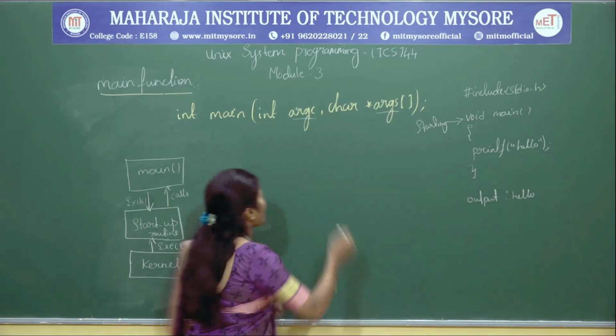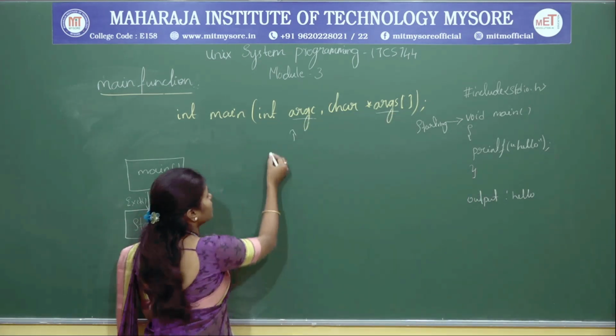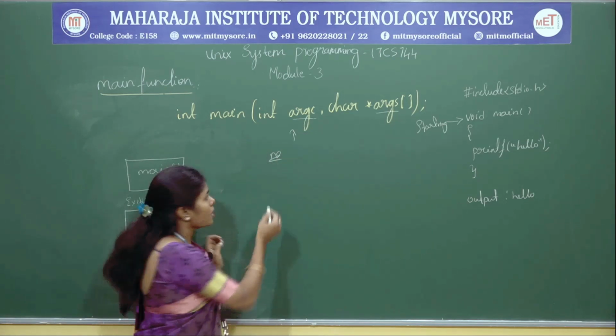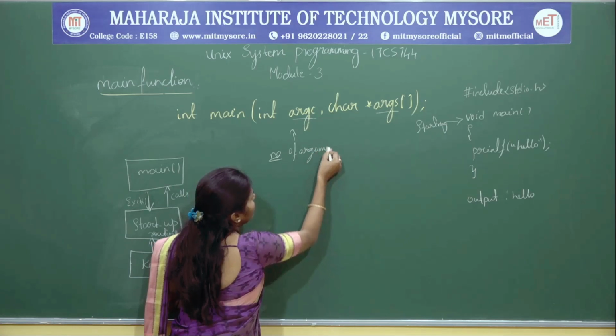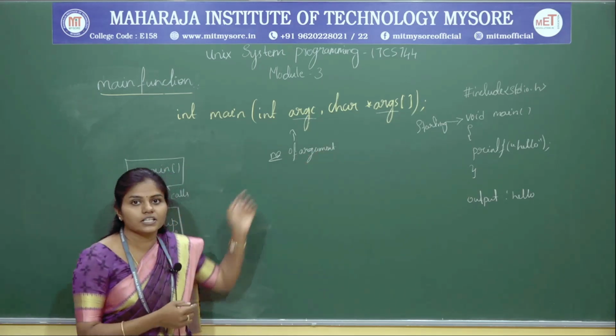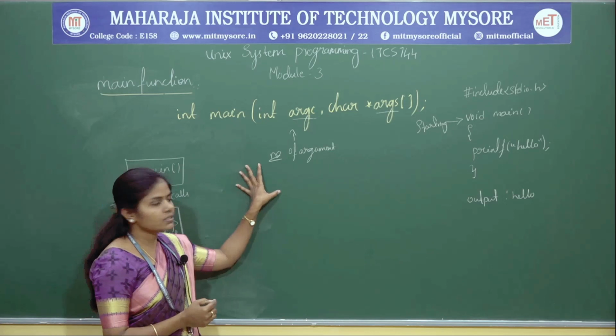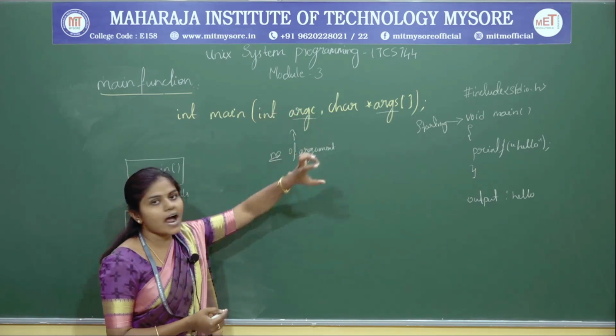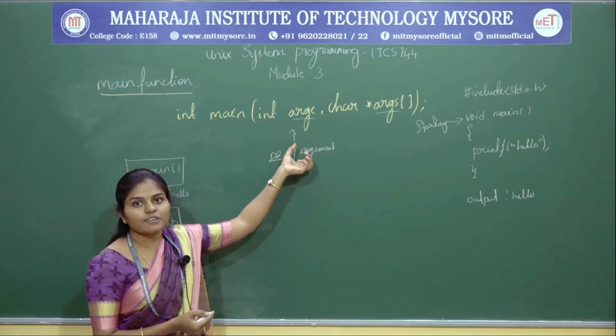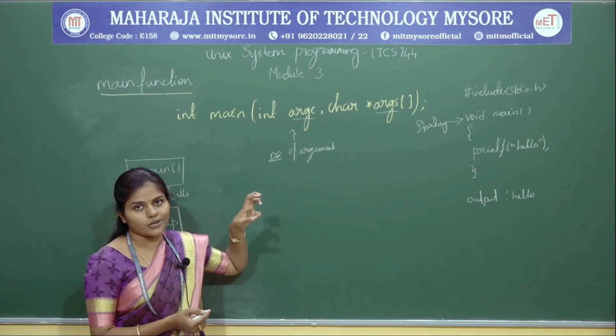So what is this argc? Argc is nothing but the number of arguments the user has passed while running this program. While running this program, if he makes use of argc and args, he is going to give the input through the command line argument.